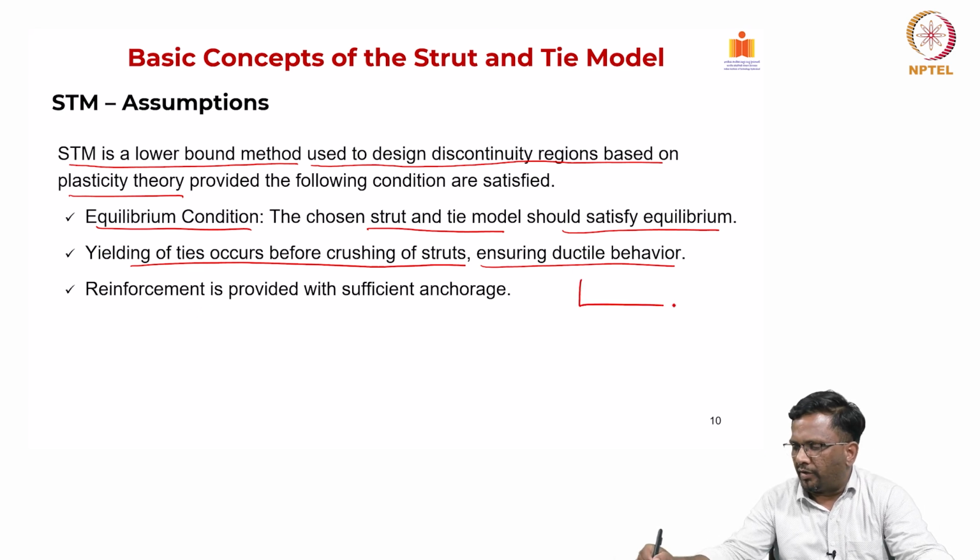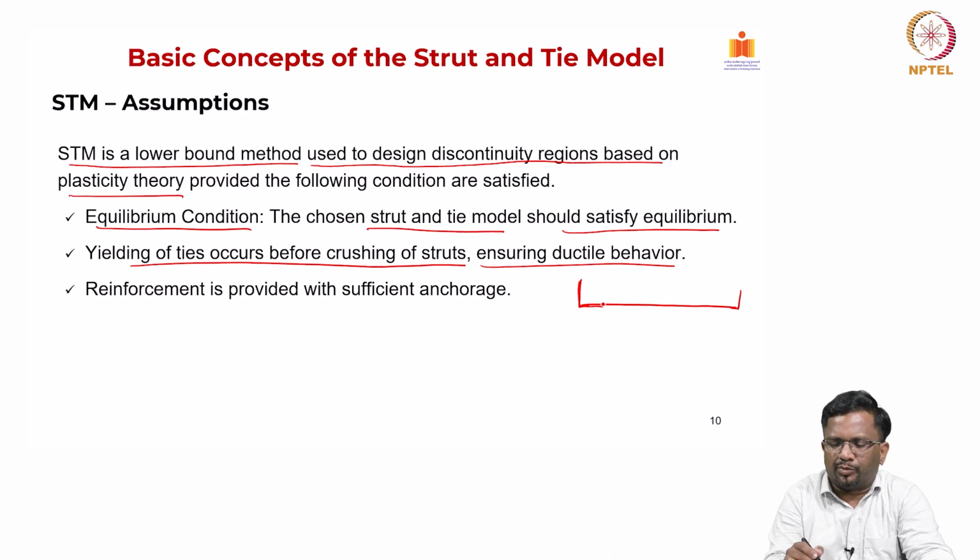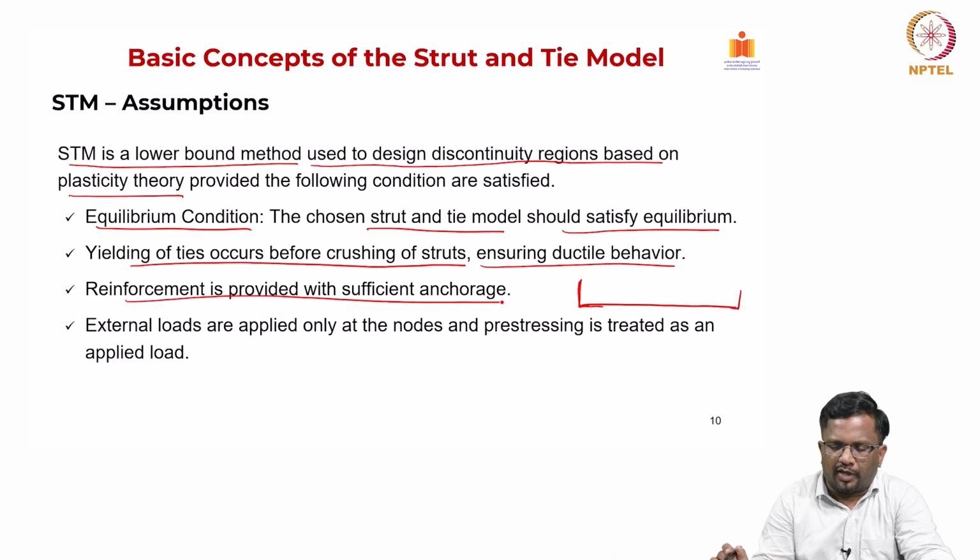If the ties are not properly anchored into the support region, then you can have premature failure. Even though you might have provided an adequate area of steel, if it is not anchored well, it may lead to premature failure. So, the reinforcement should be provided with sufficient anchorage.